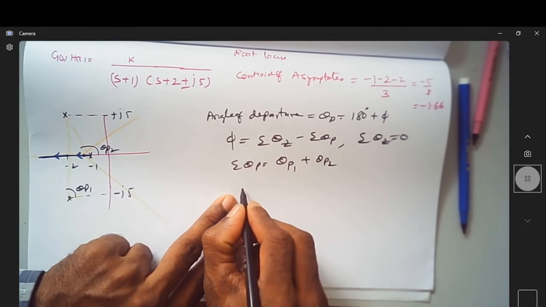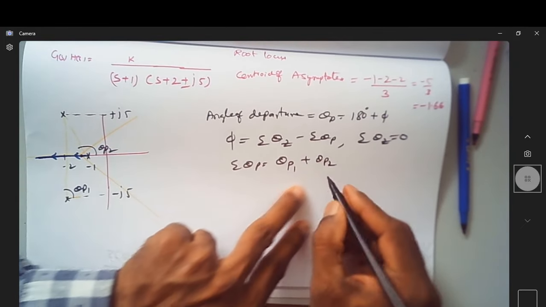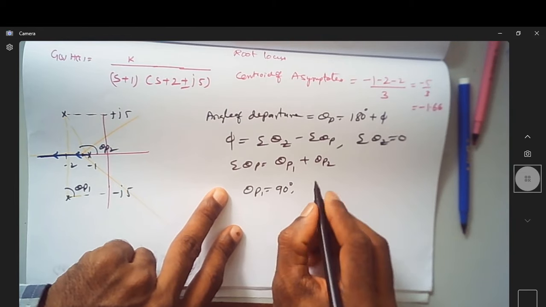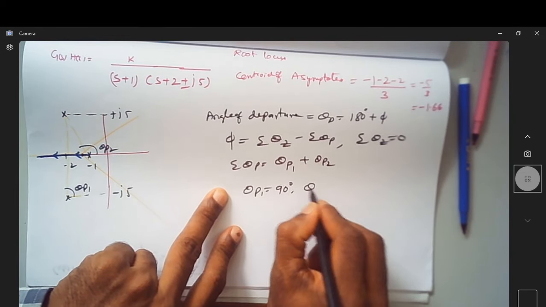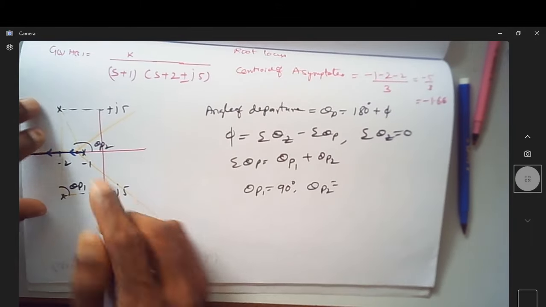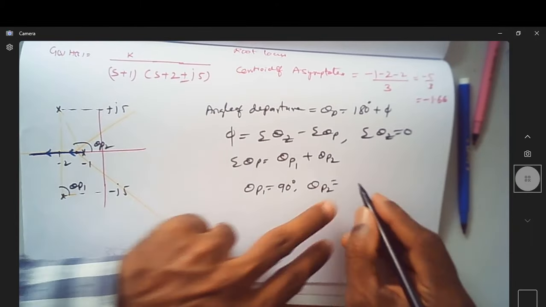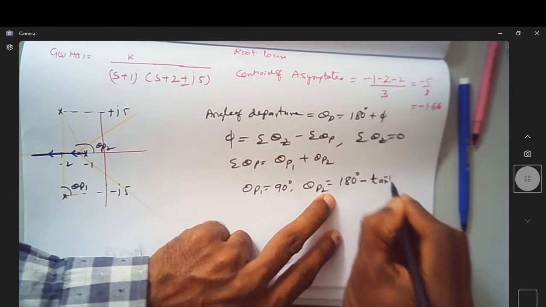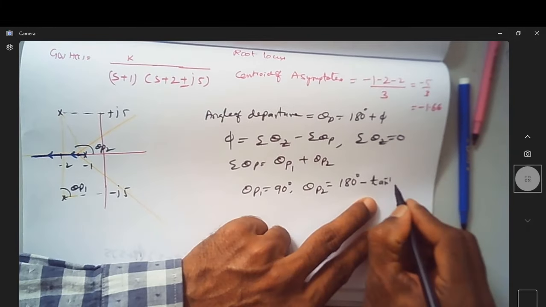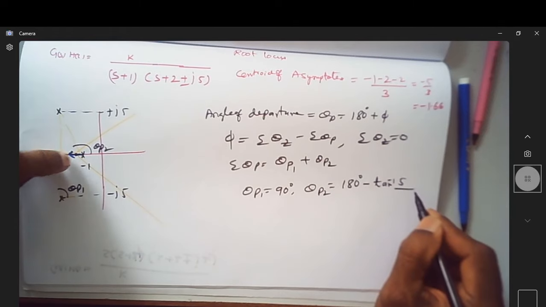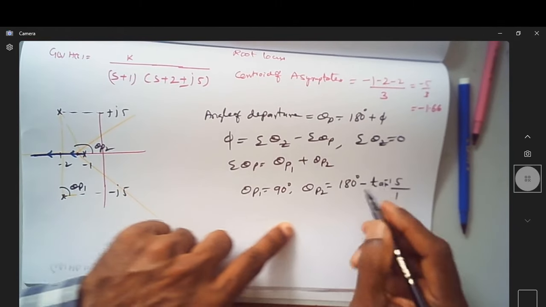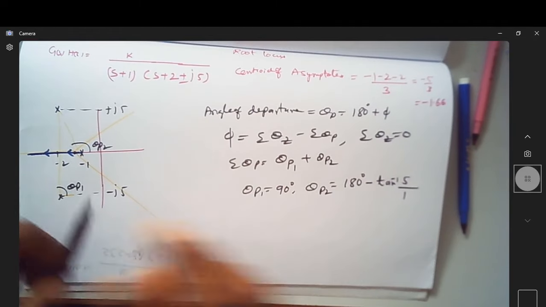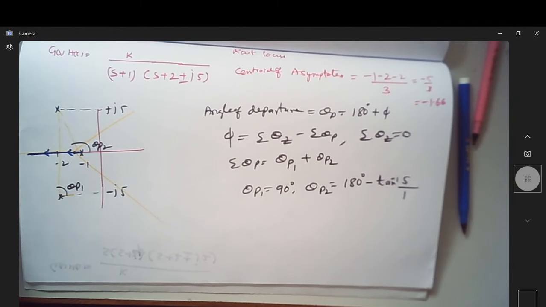So theta p1 is straight away 90 degree, whereas theta p2 is actually 180 degree minus tan inverse of opposite, which is 5, by this, which is 1. So it is minus tan inverse of 5. Let me get the calculator.